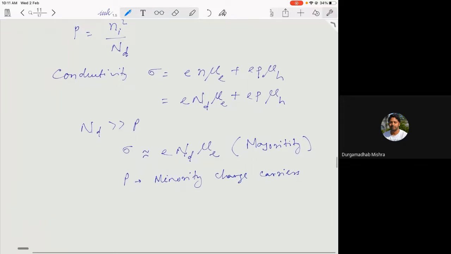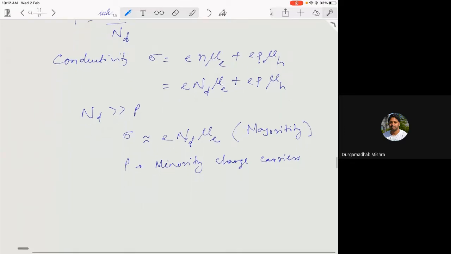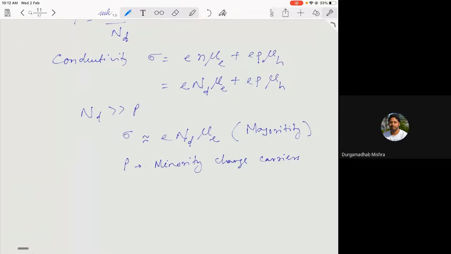But if it is a p-type semiconductor, we have the acceptor atoms, and then the number of holes will be larger, and in that case p will be the majority charge carrier.